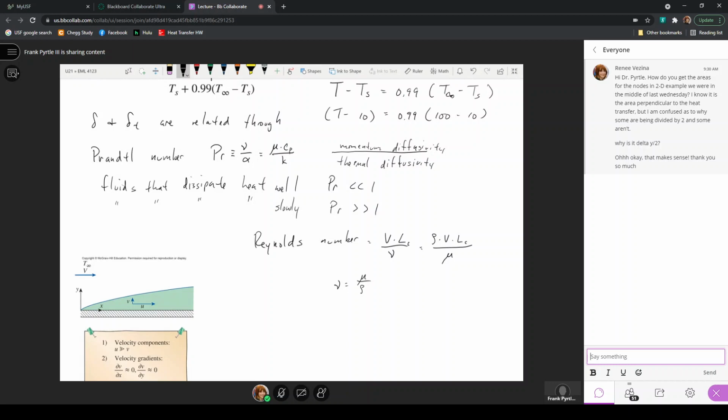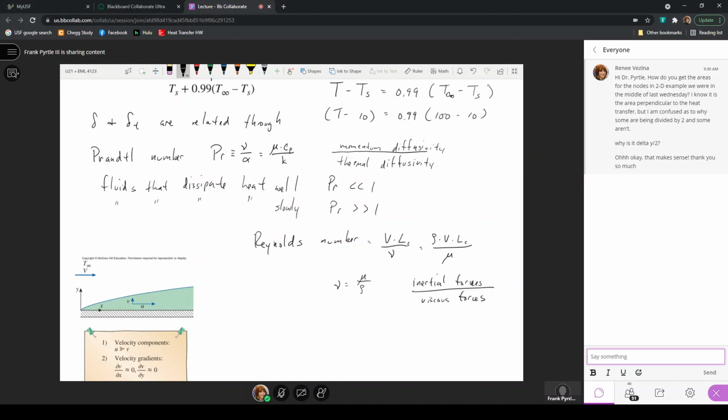For low Reynolds numbers, this expression says that the fluid flow is dominated by viscous forces, and for high ones, it's dominated by inertial forces. So this is often referred to as a ratio of inertial forces in the fluid to viscous forces in the fluid.